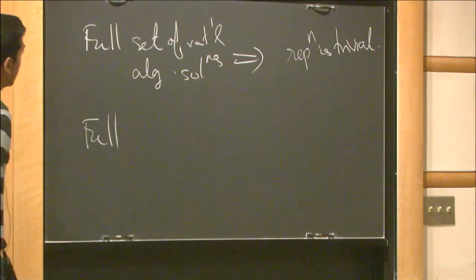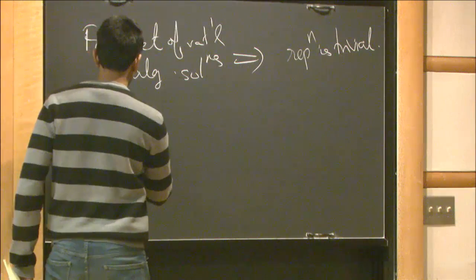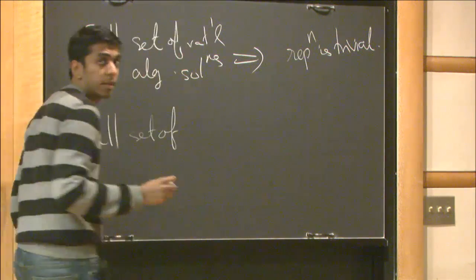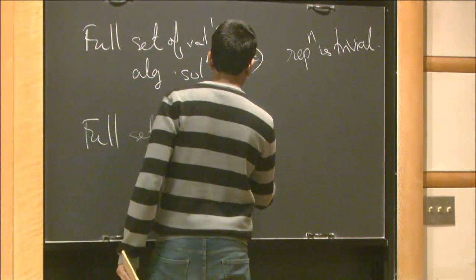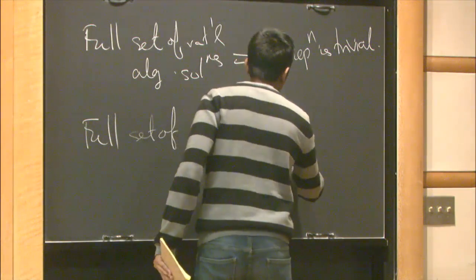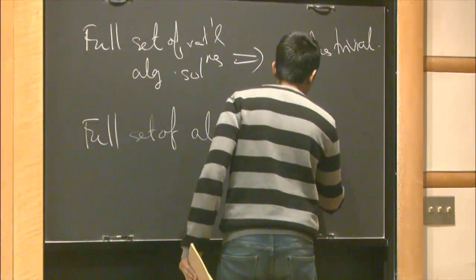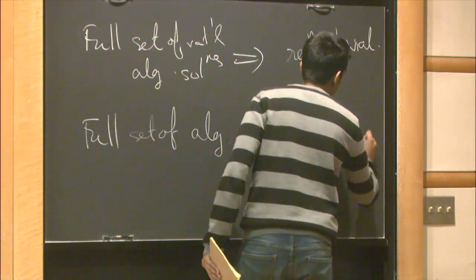And now asking for a full set of algebraic solutions, in other words, solutions after finite pullback, will imply that the representation has finite image.